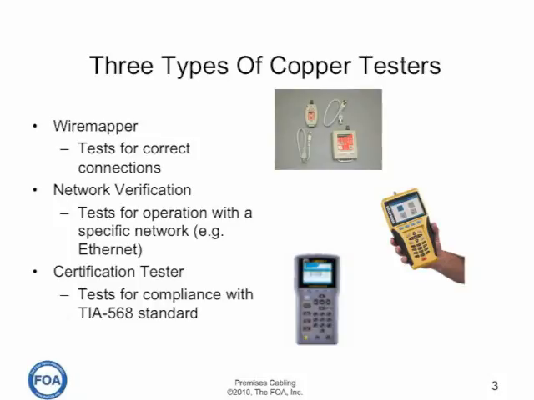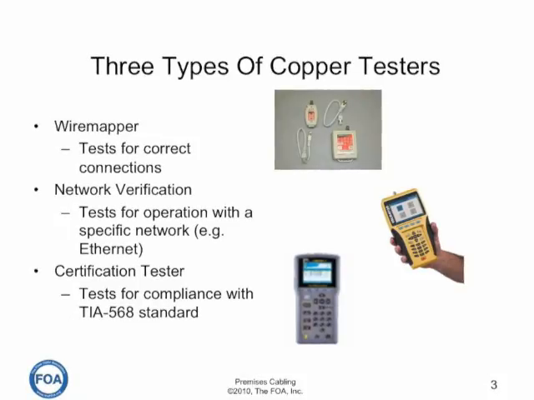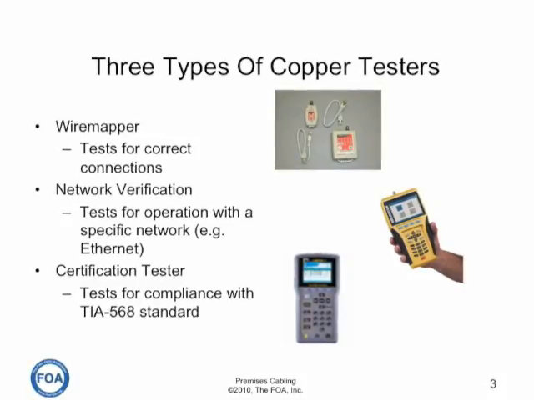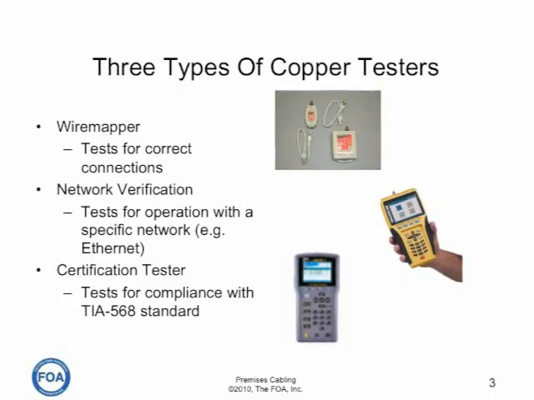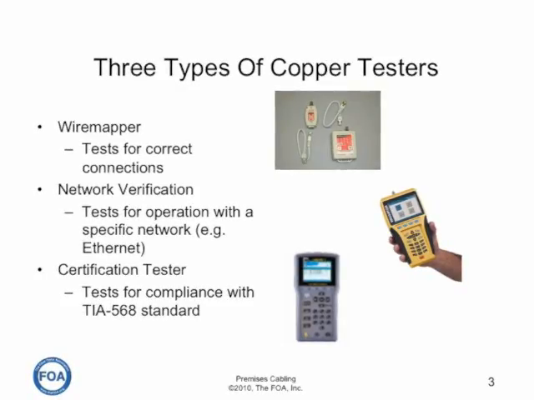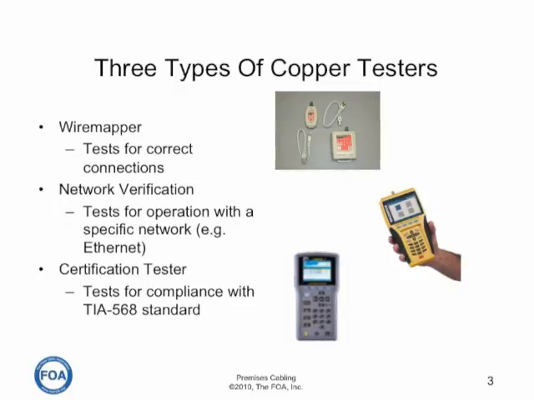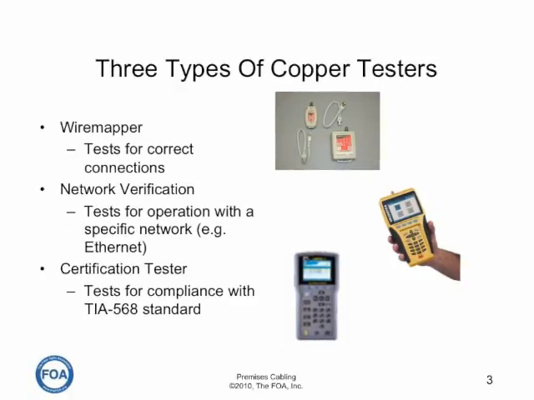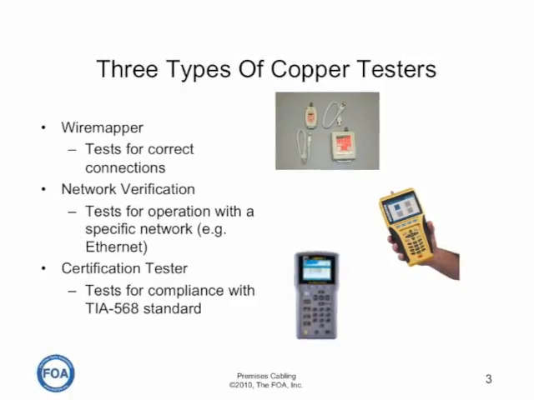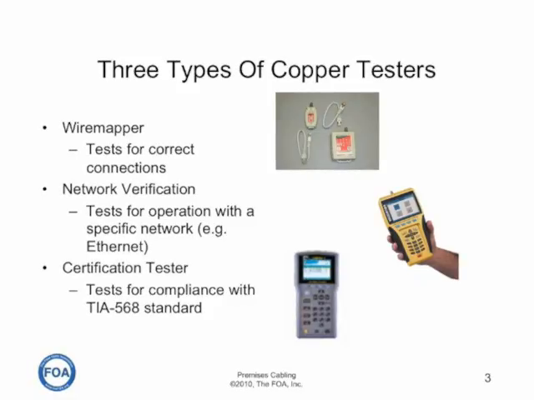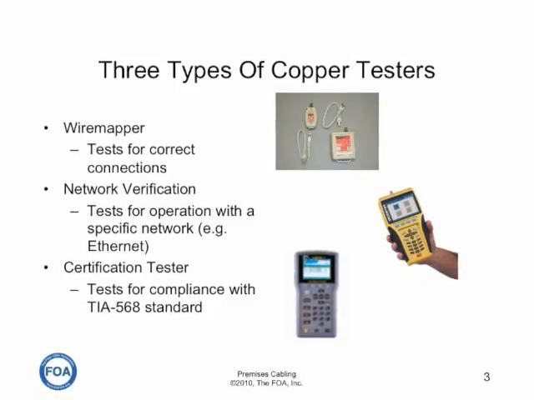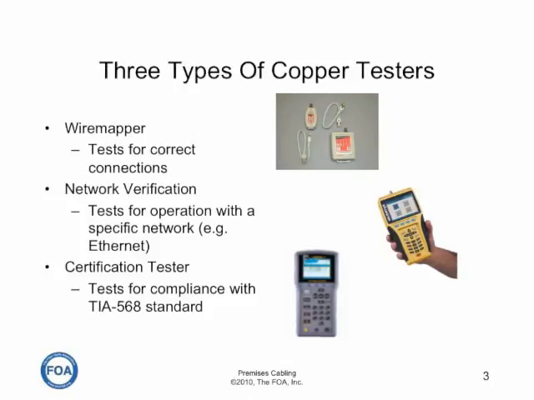These testers will also usually do wire mapping in addition to their network testing. Then there's what we call a certification tester, which tests for compliance with standards like TIA 568 or ISO IEC 11801. These are the testers that most people think of when they think of testing UTP cabling.